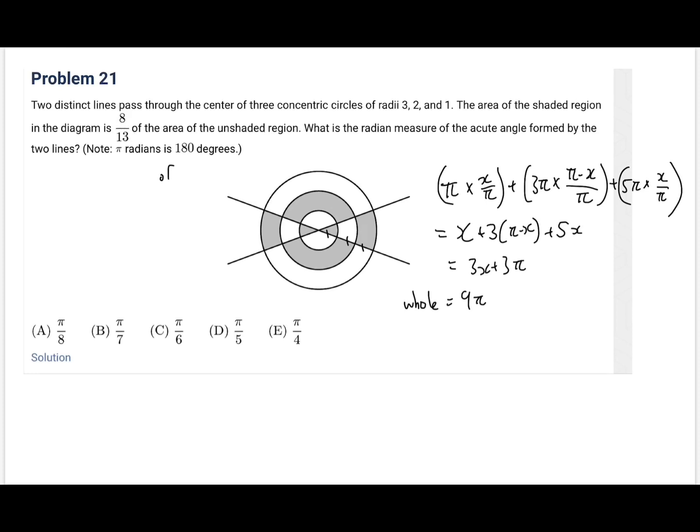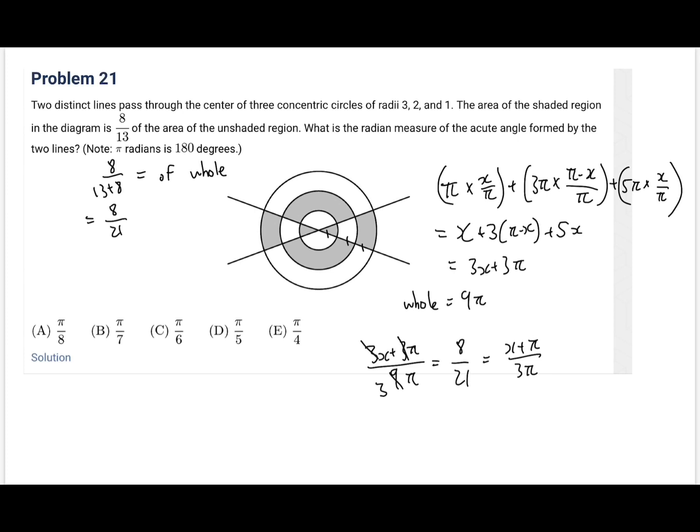So of the whole thing, this would be 8 over 13 plus 8, right? So this would be the same thing as 8 over 21. And so since it's 3x plus 3 pi over 9 pi, that would be 8 over 21. And so if we take out the 3's, this would be x plus pi over 3 pi.